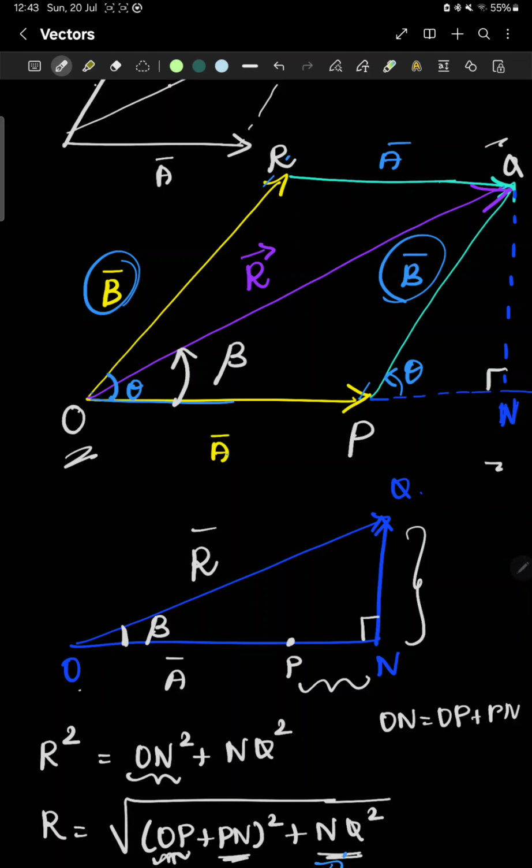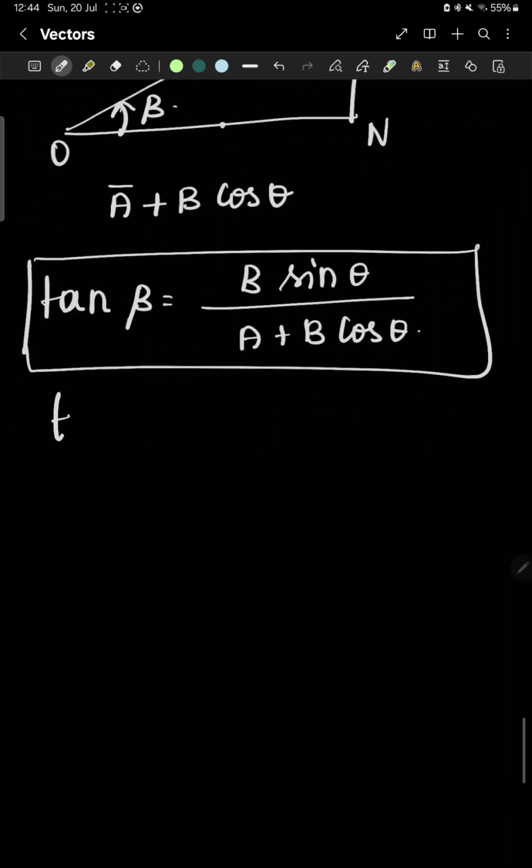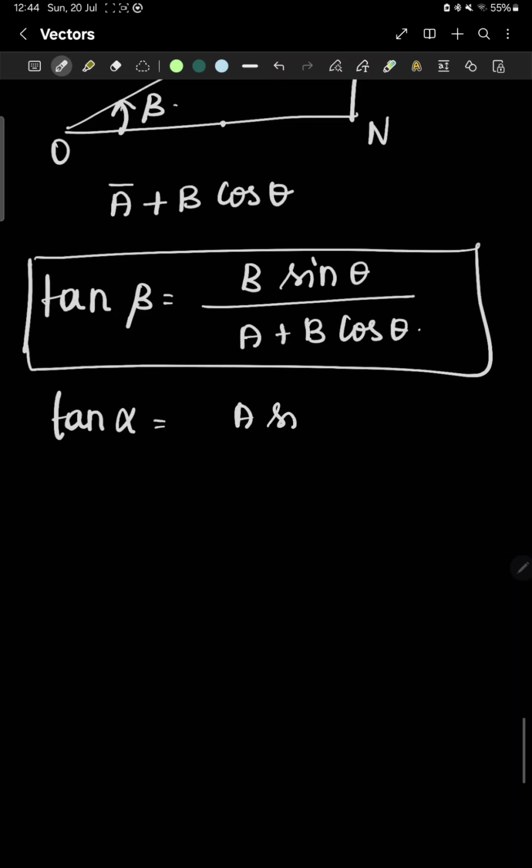If I want to calculate the angle between the resultant vector and the second vector, let us consider that as alpha. So we need to do a little alteration in the formula: tan alpha can be written as A sin theta divided by B plus A cos theta.